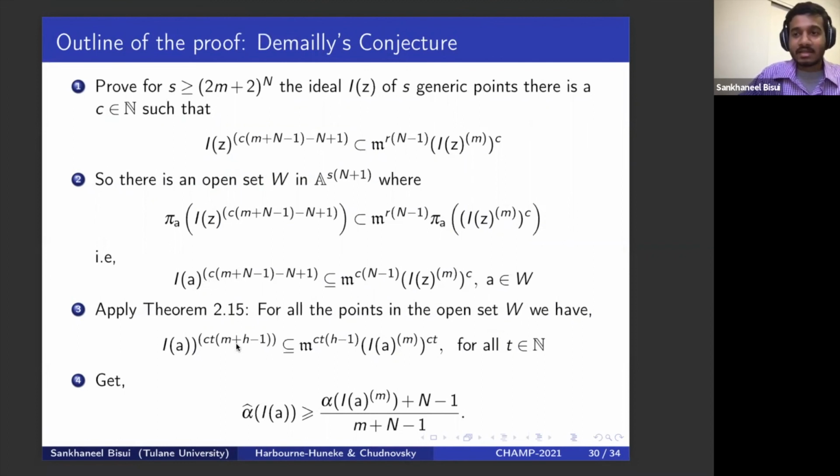It is a little stronger than the Harbourne-Huneke. We thought we had actually proved it, but while revising, it came out wrong with the minus n plus 1. Okay, thanks.